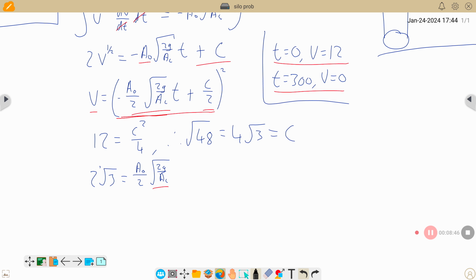So that's just going to be 4 root 3 over the square root of 2g over ac. I'm missing something here. Yeah, I'm missing the t. So t is equal to 300 in this instance. So I could just write 300 here.